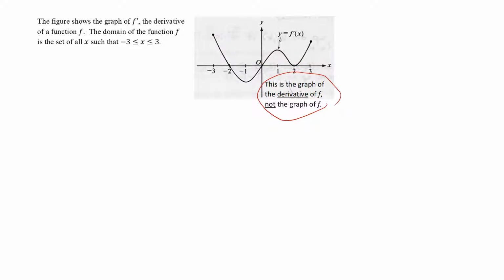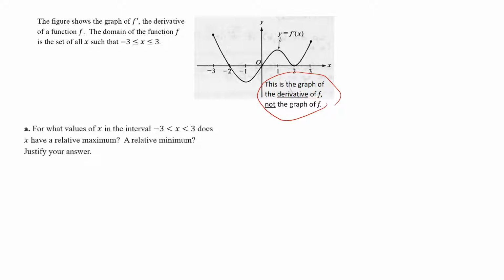So, what are we going to do with this type of problem? For what values of x does f have a relative maximum and a relative minimum? So a maximum is when the derivative goes from positive to negative. In this case, it's going from positive to negative.